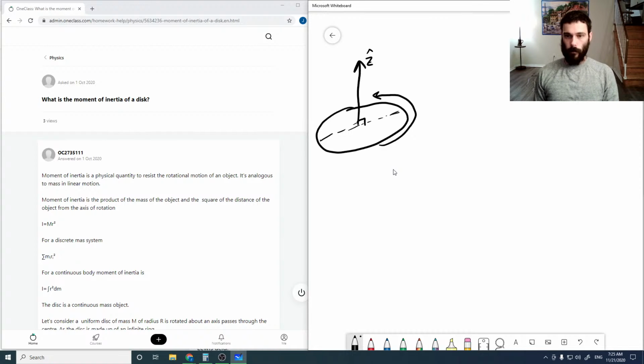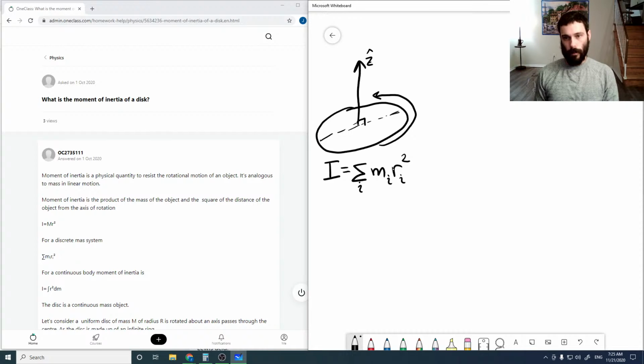So for discrete masses, it's the sum over all your masses times the distance from your z here, or your moment, squared.